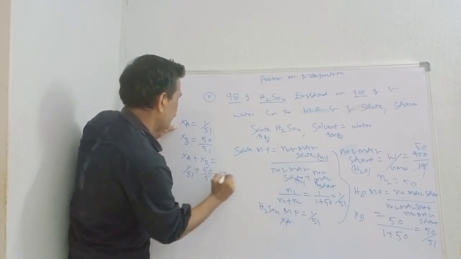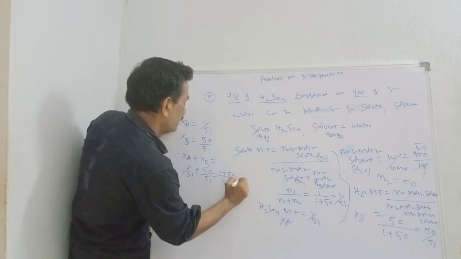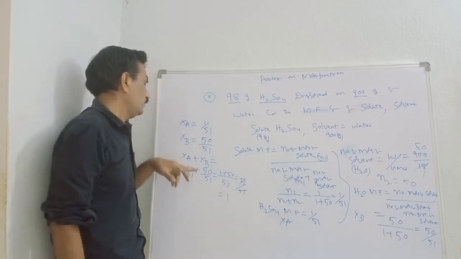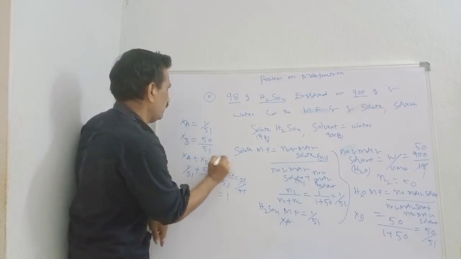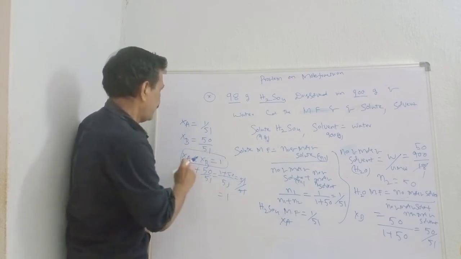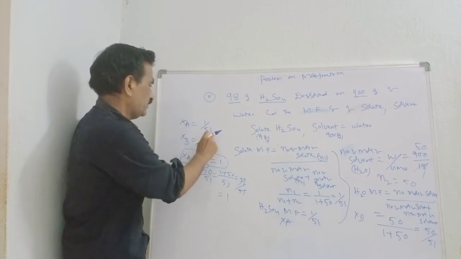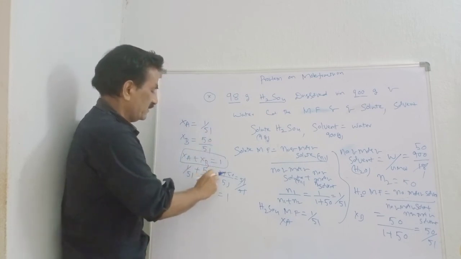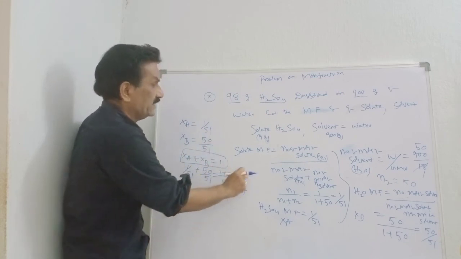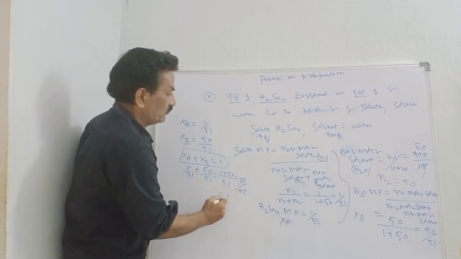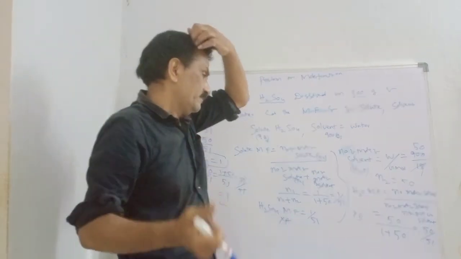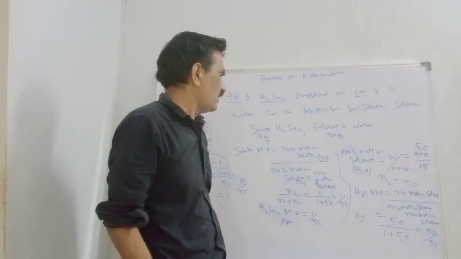Here 1, here 50, total 51 divided by 51. How much? 1. So XA plus XB is always 1. We have proved that. Thank you. If you have any query regarding this question, again you ask me, I will tell.